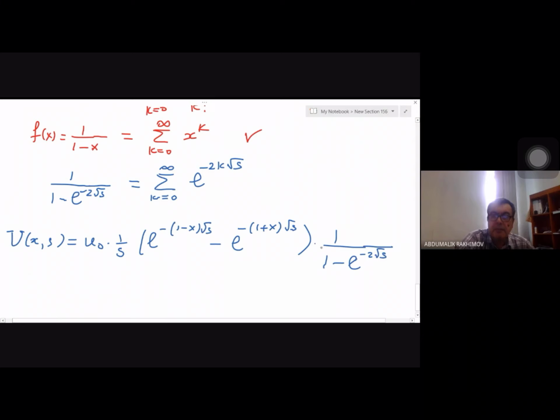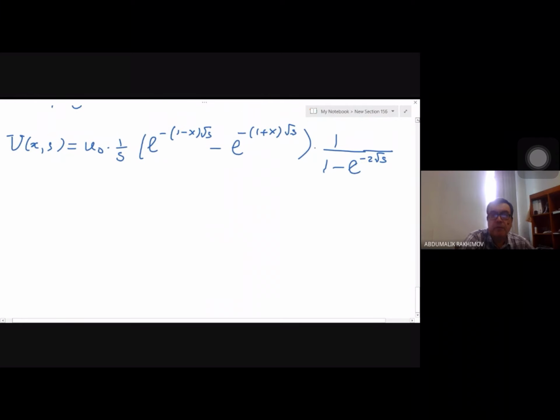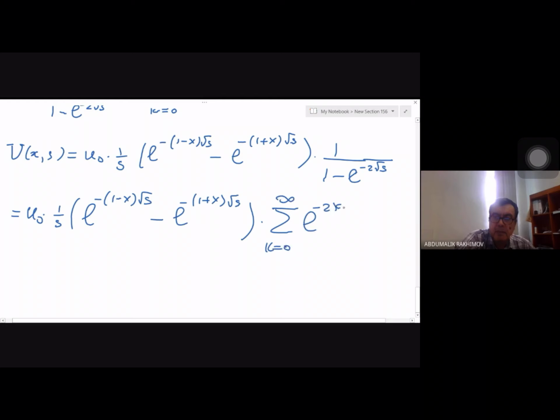Then we replace this one with the Maclaurin series. I just copy from above. Now I will replace with the Maclaurin series: u0 times 1 over s, times exponential of minus (1 minus x) root of s minus exponential of minus (1 plus x) root of s, then this replaced with the sum from k equals 0 to infinity of exponential of minus 2k root of s.